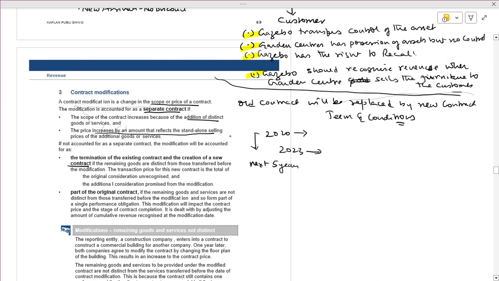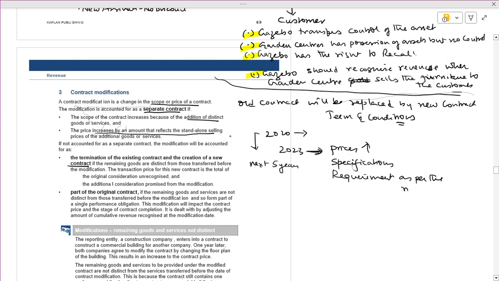In 2023 they say that yes, things are changing. Definitely we are going to modify, prices will increase, specifications will increase, there will be new technology, new specifications, new requirements as per the market.